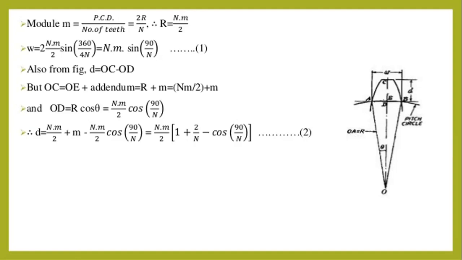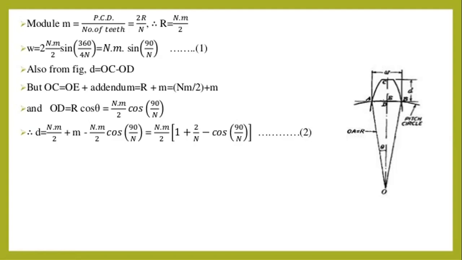Therefore, capital R is equal to capital N into small m by 2. Therefore, W is equal to 2 into Nm by 2, by substituting the values.